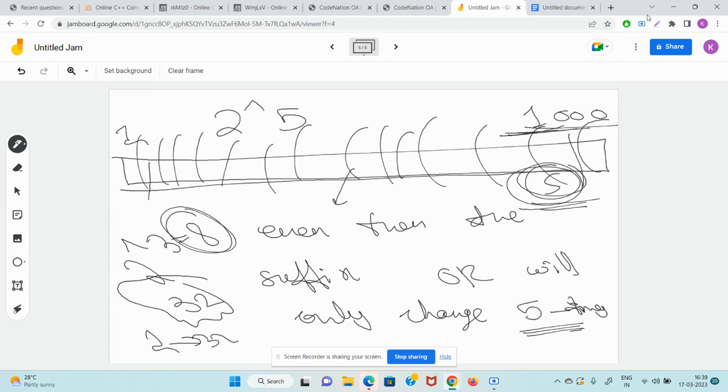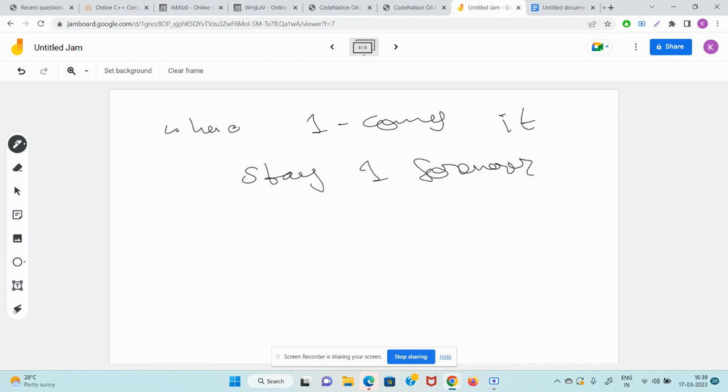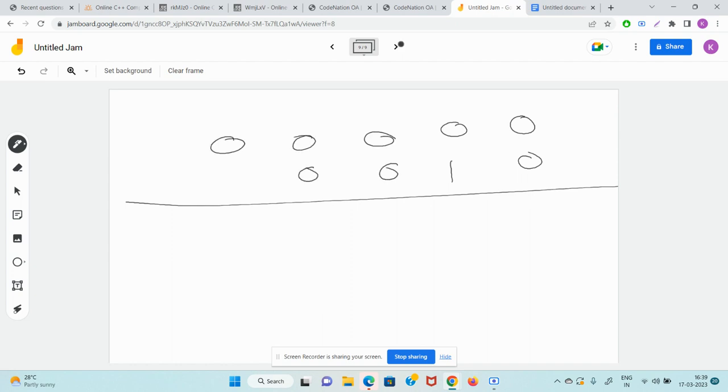Why is it changing for only 5 times? Because whenever a 1 comes, it stays 1 forever. So basically, say we had only 2 bits, like this: 0 0 0 1 0 0 0 0. What would be the suffix OR? 0 0.